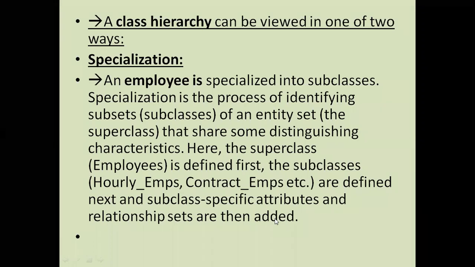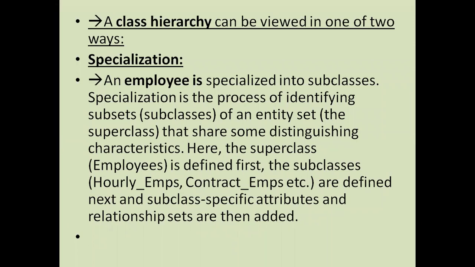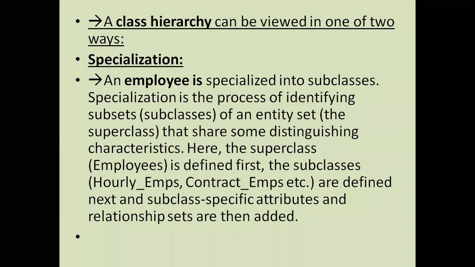So that means in specialization, first of all we specify the main class, and next we specify the subclasses. So here we are explaining from the main class to the subclasses. For example, maybe an engineering student, or maybe CSC engineering. So that is the branch.